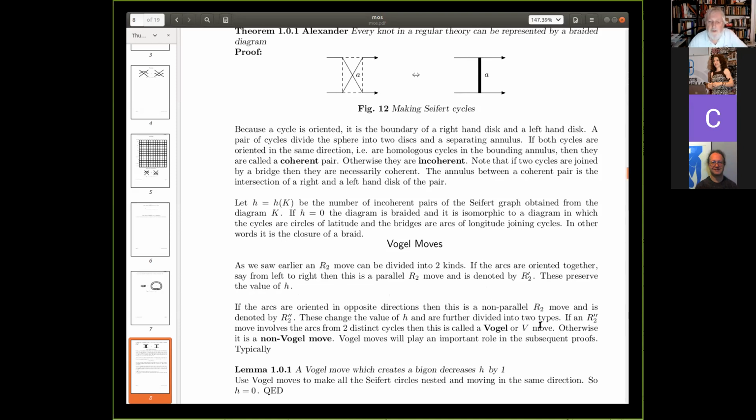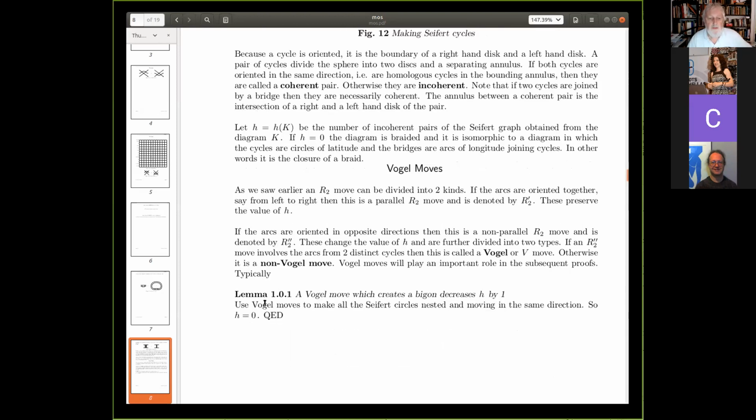And these are further divided into two types. If an R2 double dash move involves the arcs from two distinct cycles, then we call this a Vogel or V move. Otherwise, it's a non-Vogel move. So Vogel moves are quite important. And we have a lemma here, which you can easily check.